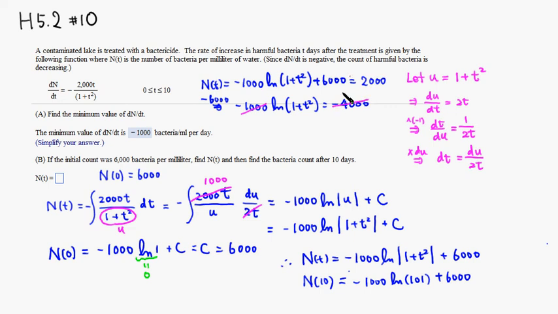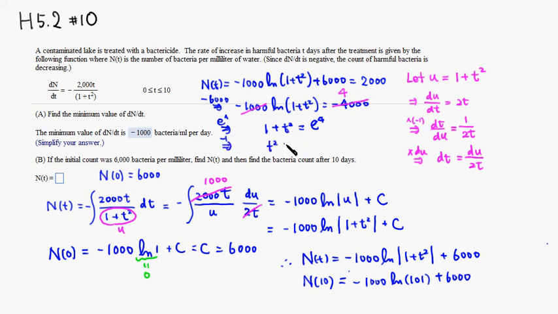So you're going to get positive 4. Then we can raise e to both sides to cancel out the natural log. So you're going to have 1 plus t squared is equal to e to the 4th power. Then we can subtract 1 from both sides.